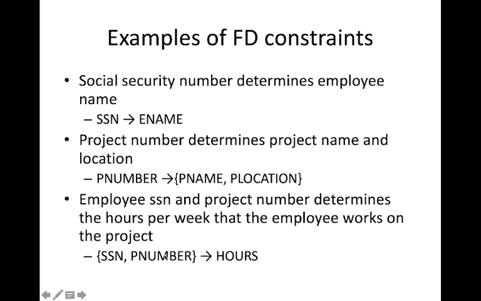So x is a set of attributes. So hours is functionally dependent on SSN and P number. It is the combination of these. SSN comma P number functionally determines hours. So SSN to hours may not hold, or P number to hours may not hold. This combination only holds. Okay.